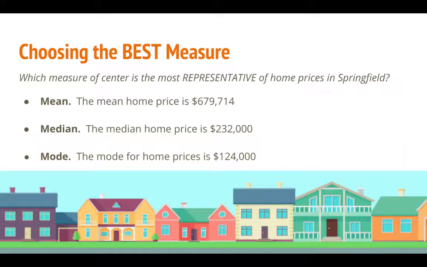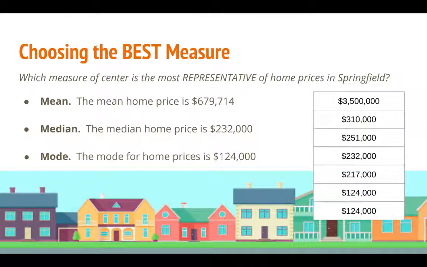Let's take a look at the data. Here's the data that was used to compute each of these measures, and you'll see that there was a $3.5 million home sold, very much not representative of a typical home price. And that brought the mean up.